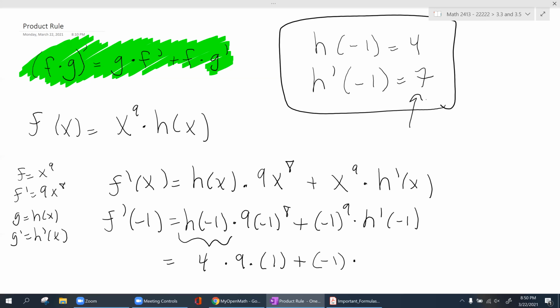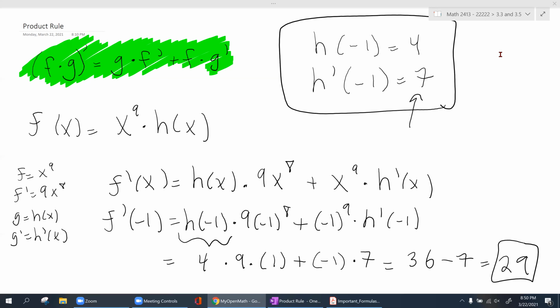That's given here, in other words, that's just 7. Let me simplify there. 4 times 9 gives me 36 minus 7, which is just 29. So my final answer there would just be 29.